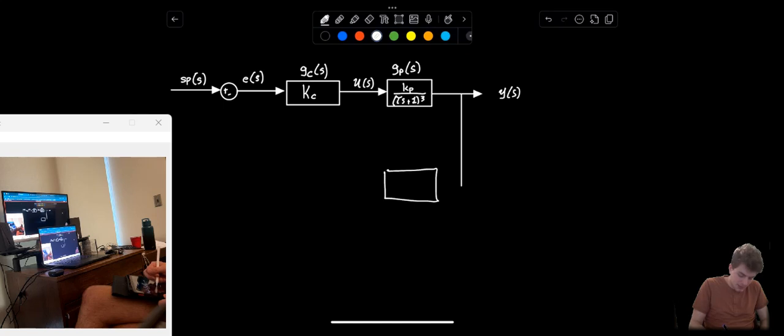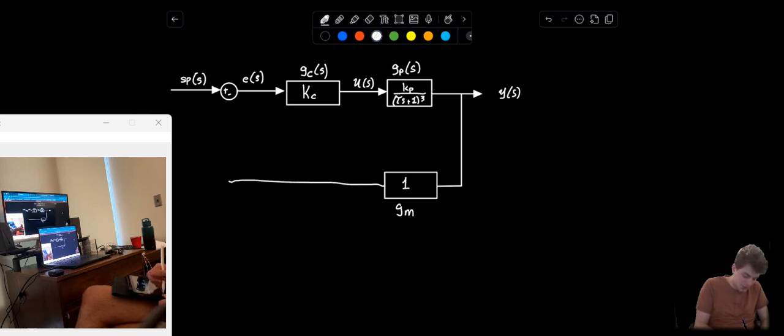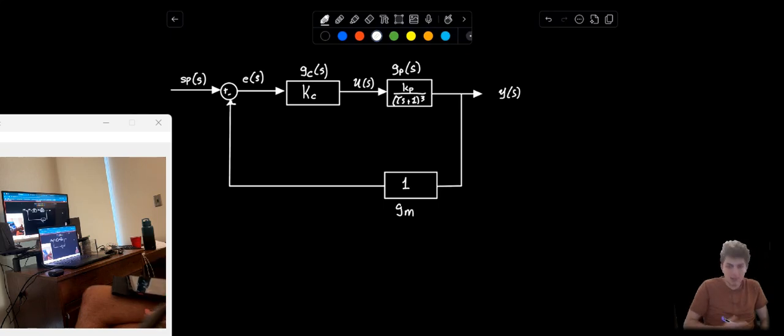And that's what's going to happen in our measurement function here. We're just going to use a measurement signal of 1 for right now because the problem doesn't specify what the measurement or sensor is actually doing here. And so then we're going to send that back up here to be compared against our set point again. And that's the control block diagram for this third order system.